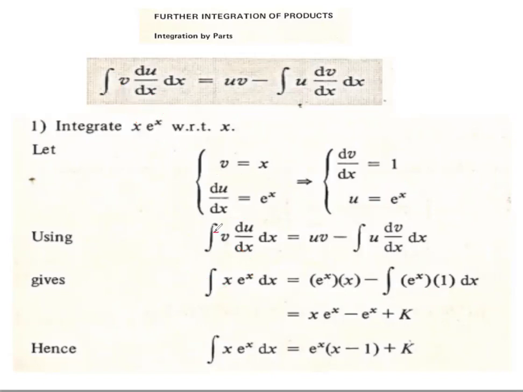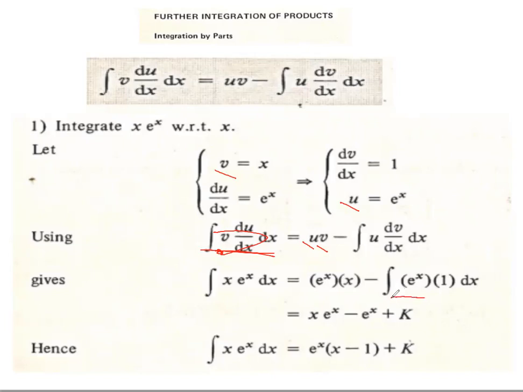Good. So we're going to put everything in the formula. We know u and we know v. This is u, that's v, so we put it there. Minus the integral of u, and we know u again. u is e to the x, and dv/dx is 1. So look at what you end up having to integrate.